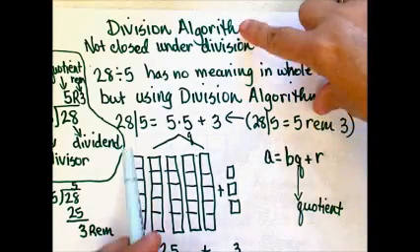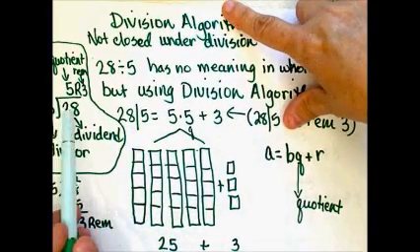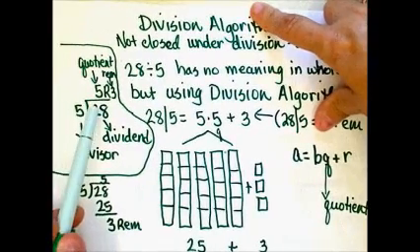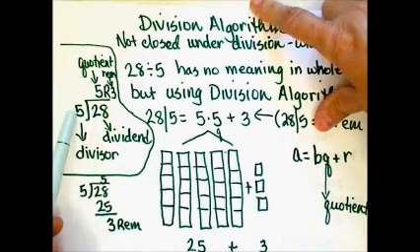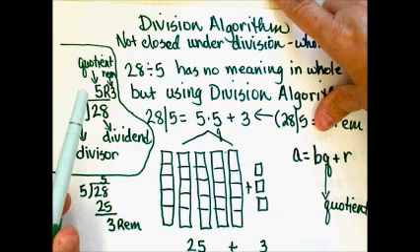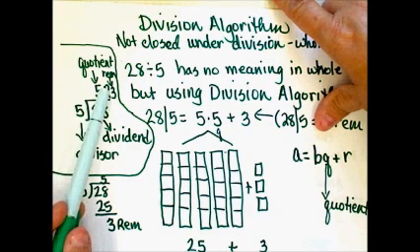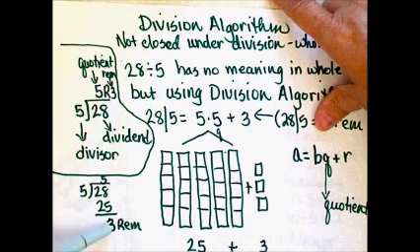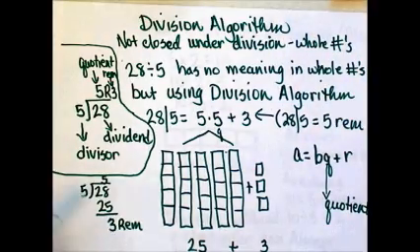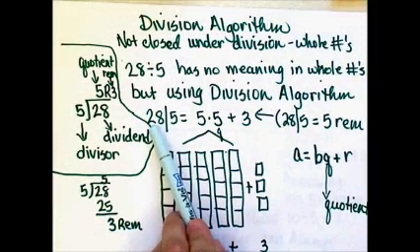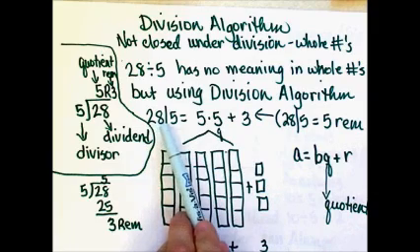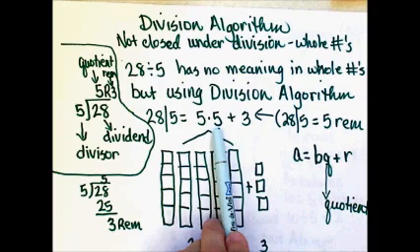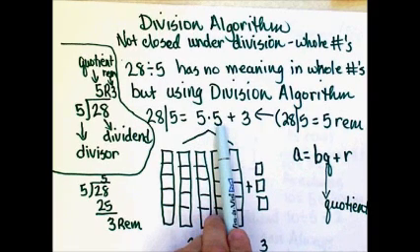So I could say that 28 divided by 5, the dividend is the number that's under the division bar, the divisor is the number outside the division bar, and the quotient is the answer that you get, and anything that would be left when you subtract would be then your remainder. So if I take 28 divided by 5, it is equal to 5 times 5, which is 25, plus 3.